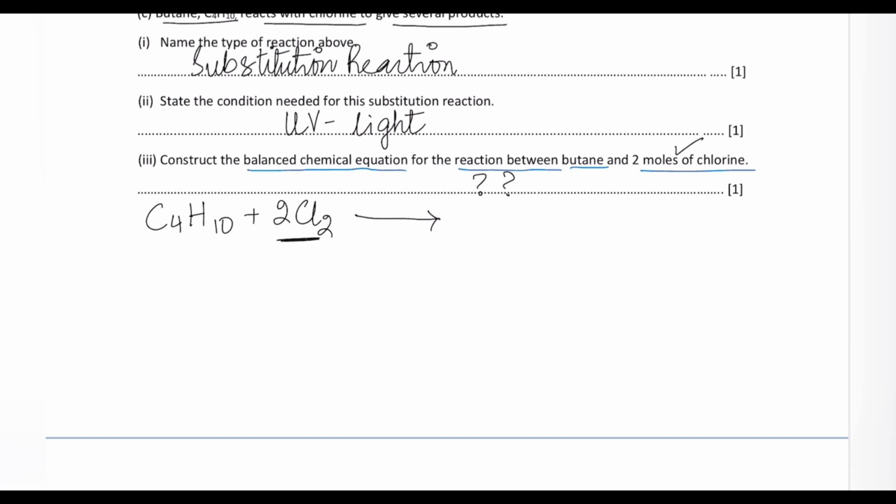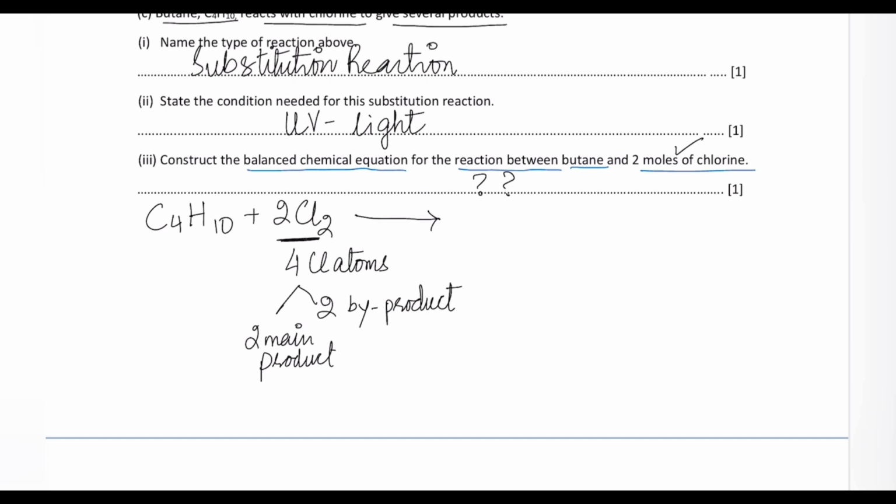To make the products, first we will see how many chlorine atoms are present in total. So there are a total of 4 chlorine atoms, out of which 2 will go in the main product and 2 will go in the byproduct.